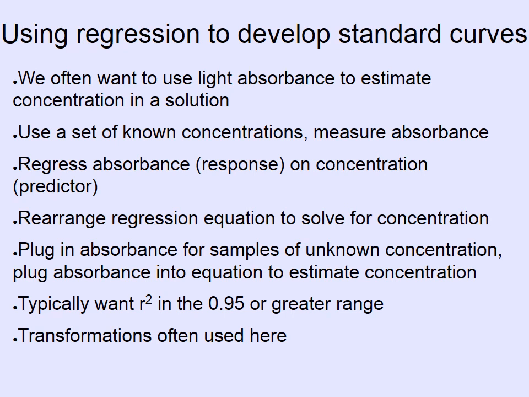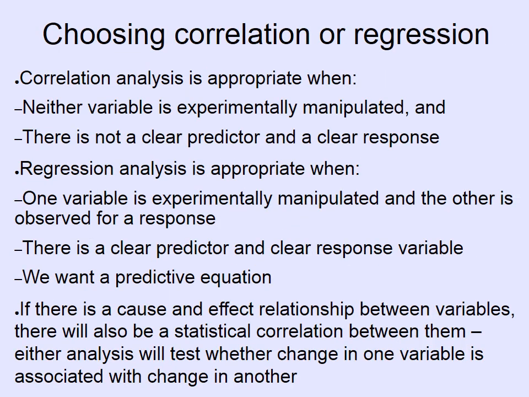We want high R-squareds when we're developing standard curves. You shouldn't expect standard curves with R-squared values lower than around 0.95, because we're trying to predict a single y from a single x. And again, we've seen that log transformations are appropriate here. And that's it.